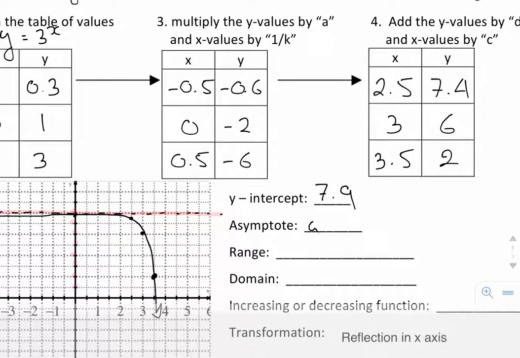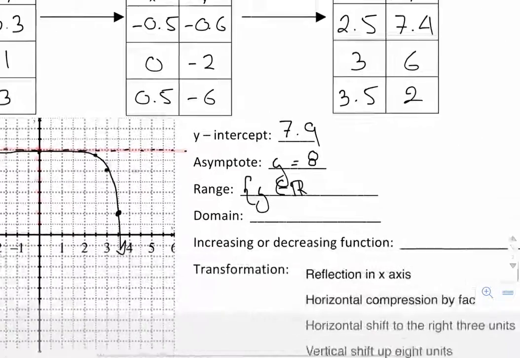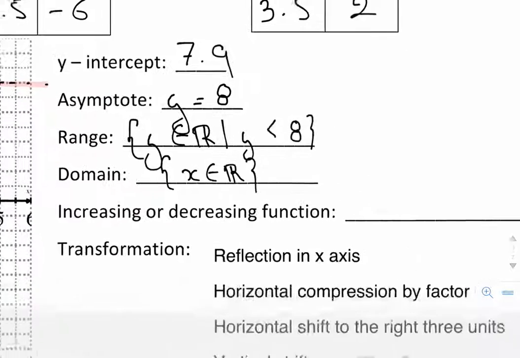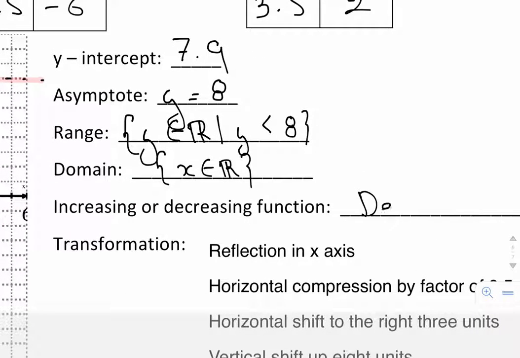My asymptote is y equals 8. My range is all y values such that y is less than 8. And my domain is all real numbers. And the function is decreasing.